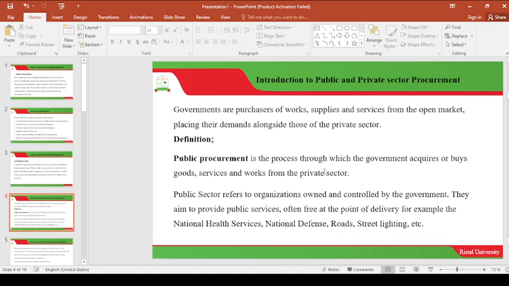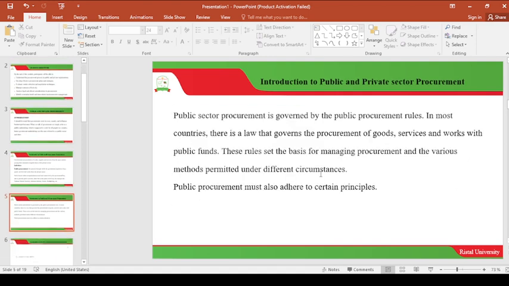It can also involve contracting an expert from other countries to come and train the army. So these are other activities that are done by the government in the public procurement sector.